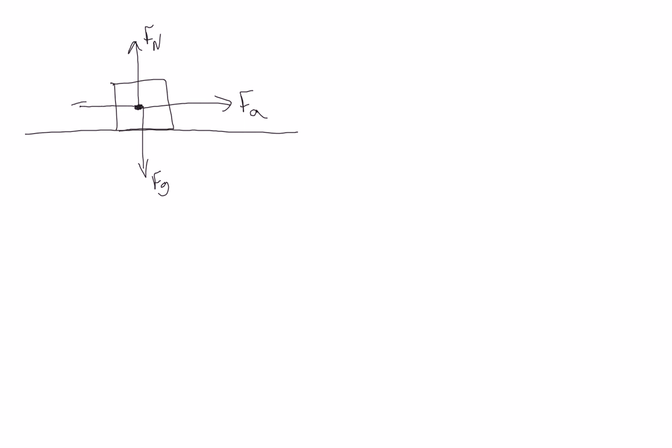Then there's going to be some sort of resistance, a force that pulls it backwards, and we call that the force due to friction. It could be the friction between the surfaces, it could be wind resistance, anything like that. Any kind of resistant force, we'll call the force due to friction.